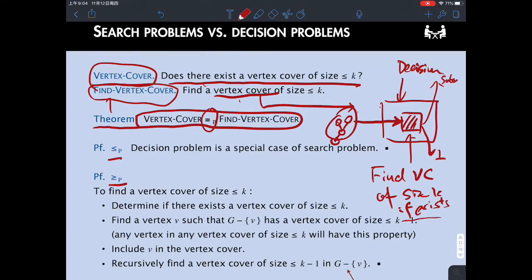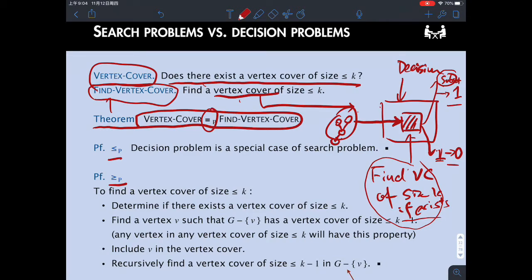When it outputs nothing, our decision problem solver knows that there doesn't exist any vertex cover of size k, so we directly output 0. In case a vertex cover of size k or less is found, we output 1. So by just looking at whether this black box outputs anything, we can directly translate the output to a binary decision on whether the vertex cover exists or not, right?